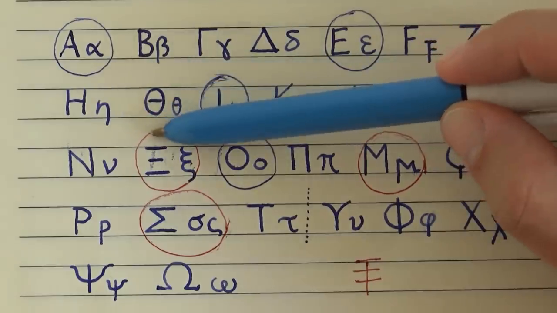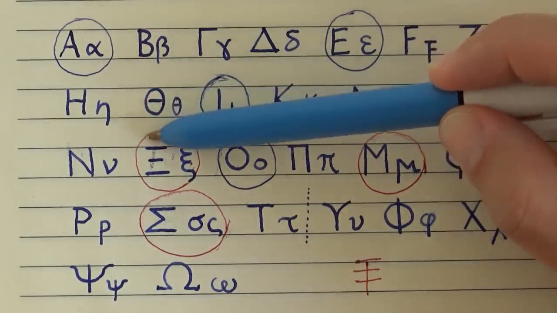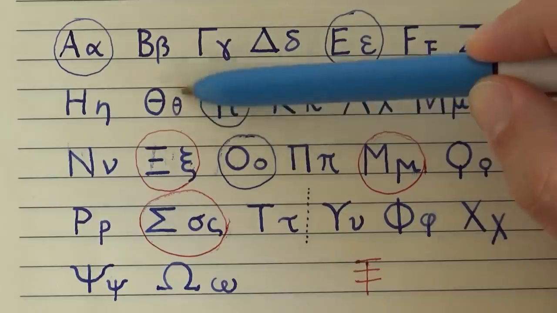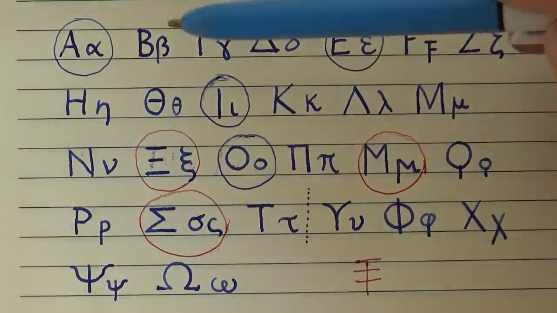And that could be the origin of having a T related letter at this place in the alphabet.